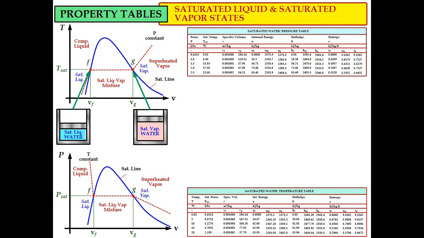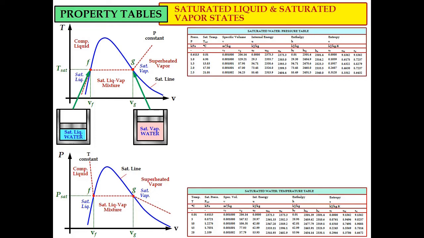And the second one is the saturated table based on temperature. Both tables in terms of data values are the same, but the difference is only the title of the first column. For the table based on pressure, the first column is pressure. However, for the table based on temperature, the first column is the temperature data.